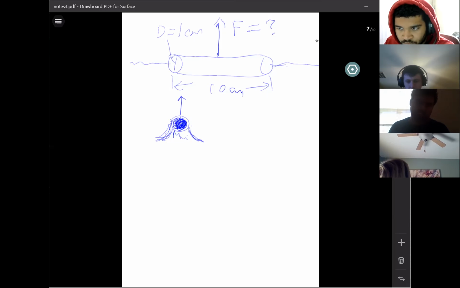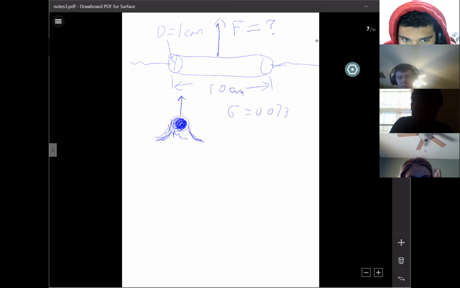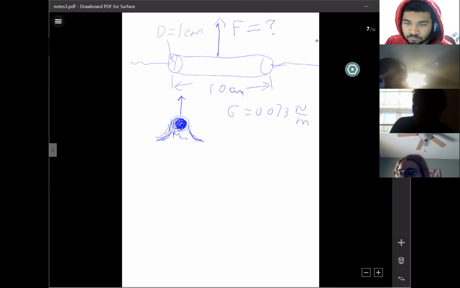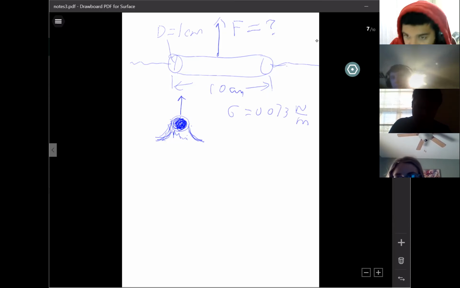So then water surface tension is 0.073 Newton per meter. What's the force required to pull it up? Let me guide you.